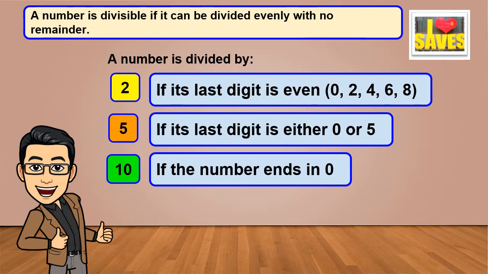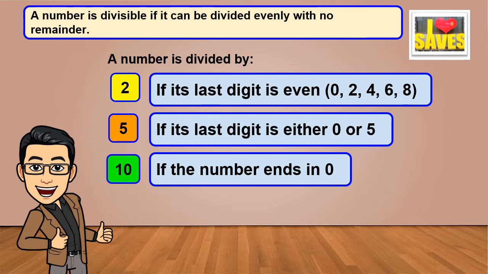So the best thing that you have to do, students, is to memorize these divisibility rules so that you can know if the large number is divisible into 5, into 2, into 10 without using a calculator or any sheet of paper. If you remember these divisibility rules.